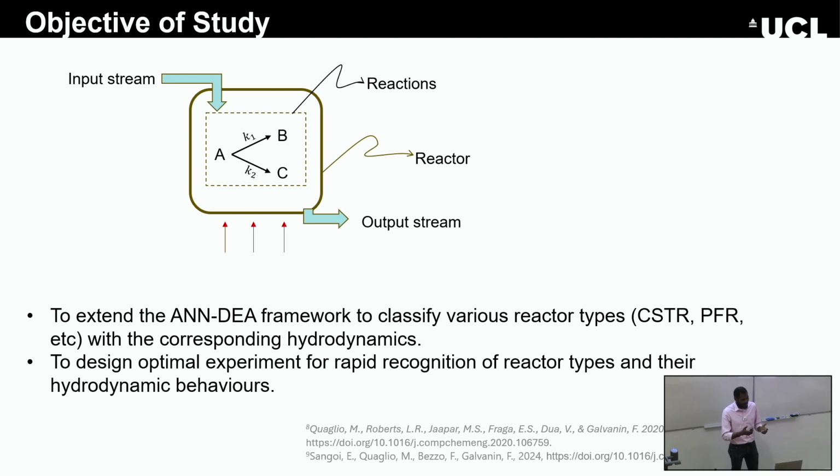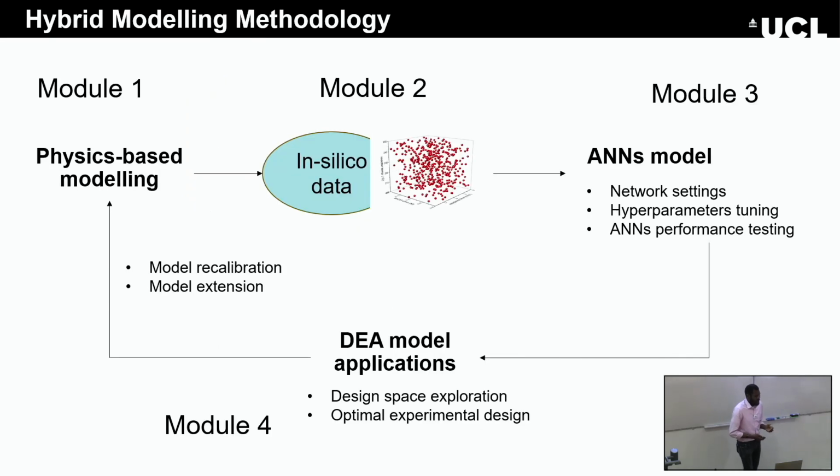And by being able to represent these reactor types, we are equally able to account for the hydrodynamics corresponding to them. So we would also use this within an optimal experimental design to be able to recognize experimental conditions where there will be least confusion about which hydrodynamic behavior is prevalent or which reactor is applied within that region.